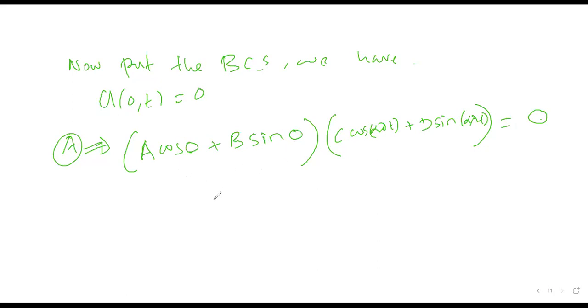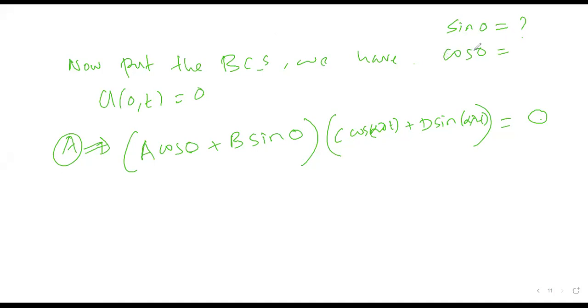What is cos 0, sine 0? It's coming again to trigonometry. Can you answer me? What is sine 0? What is cos 0? These are very simple. If you are not sure, go to Google.